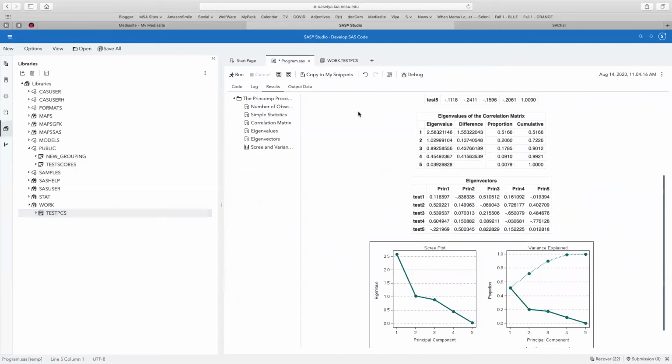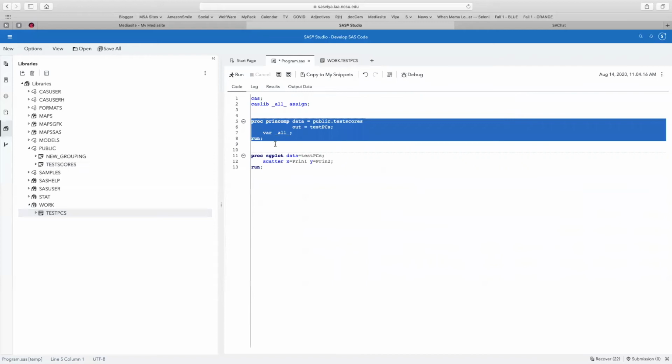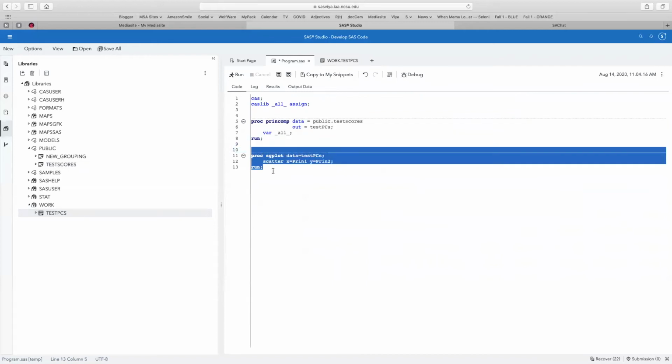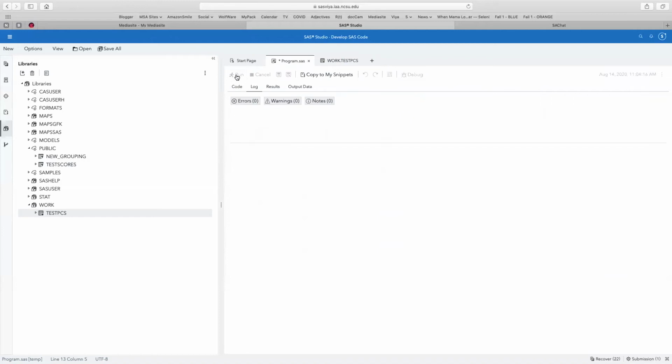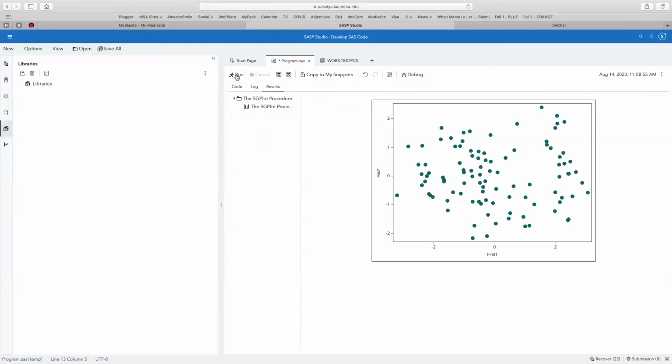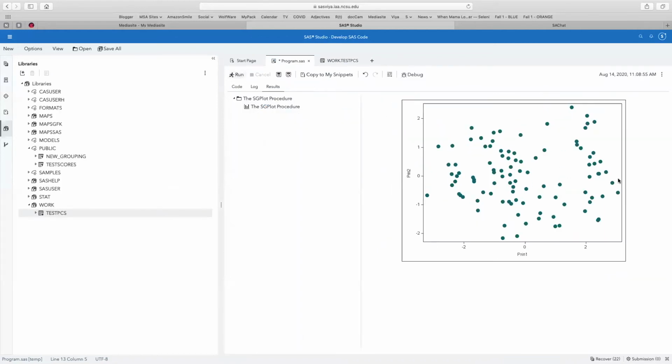So the next procedure here in my code is this SG plot, where I'm making a scatter plot of principal component 1 and principal component 2 from that output data set. Okay, and so this is the projection of my 5-dimensional data onto a 2-dimensional plane that has the most amount of information possible.